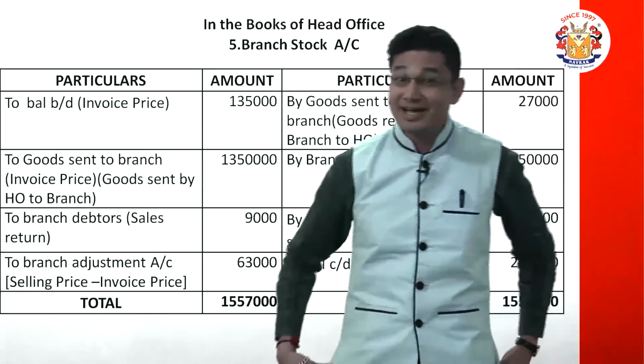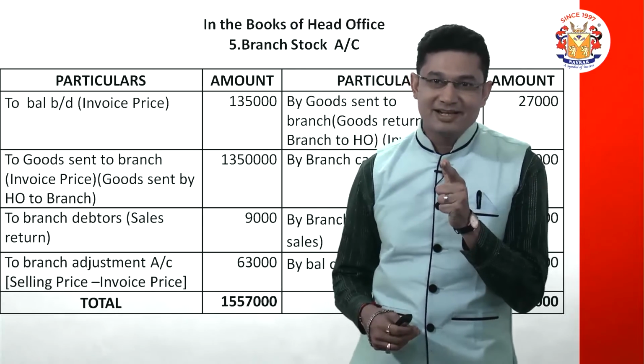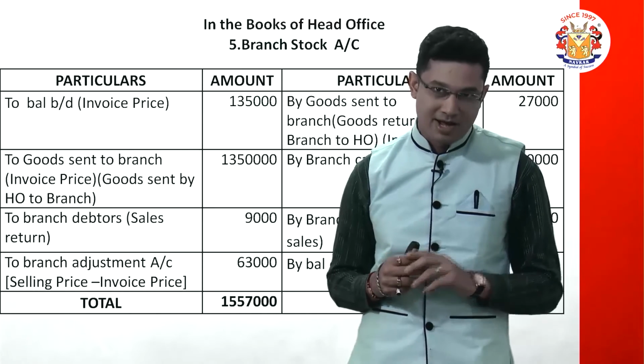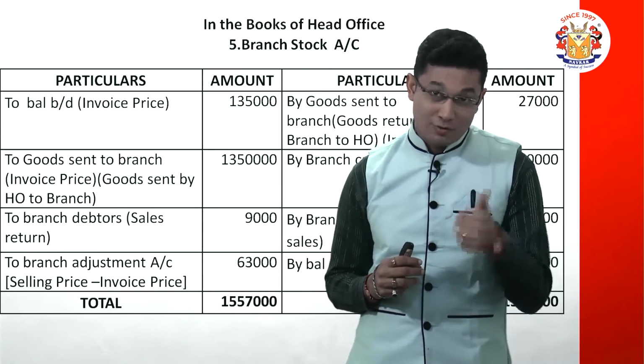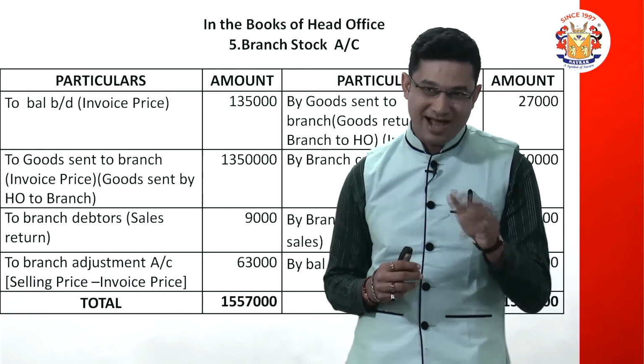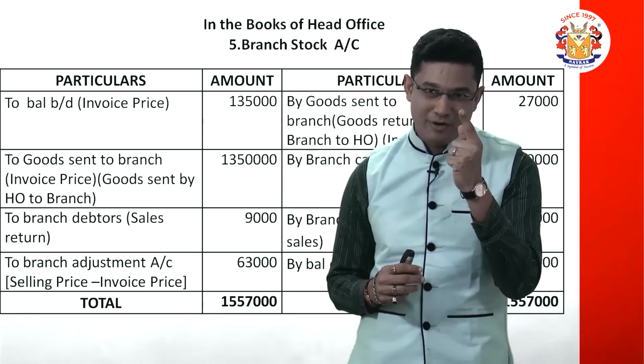I am repeating again. Net sales will be recorded at selling price. But opening branch stock, goods sent to branch, goods returned by branch, and closing branch stock will be recorded at invoice price.